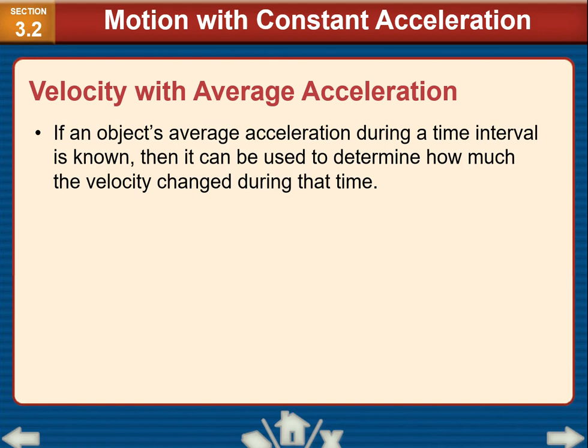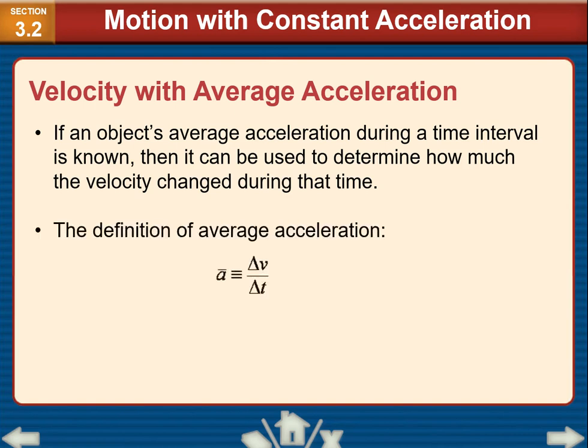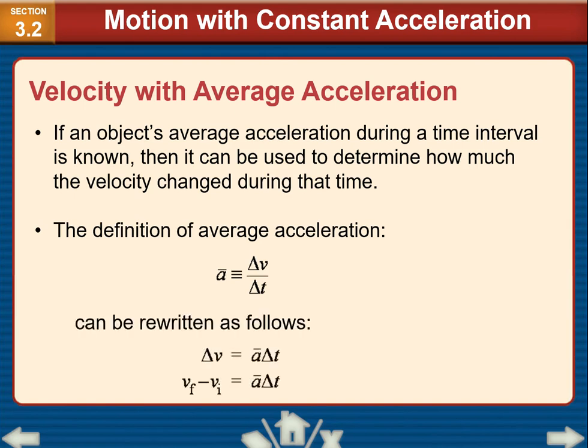So if we know an object's average acceleration, we can use that to determine how much velocity changes over time. So there's your equation. Acceleration is change in speed over time. And we can write it like this. We're going to solve for v, multiply both sides by t, and we get change in speed is acceleration times time.